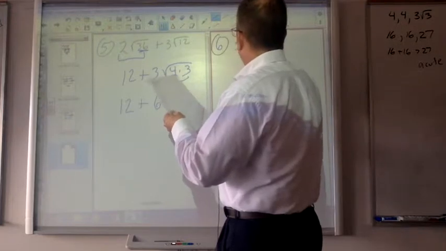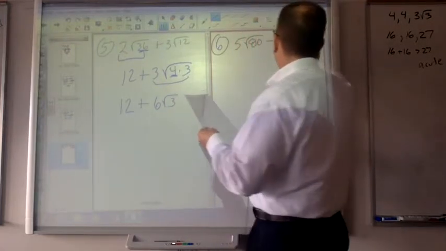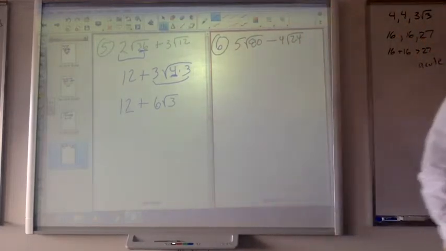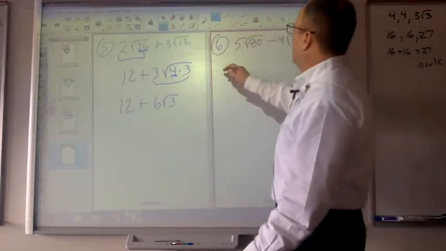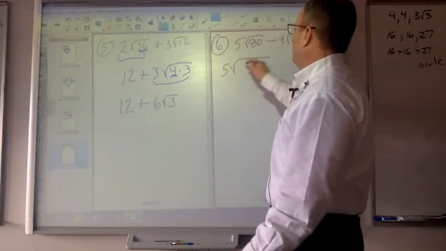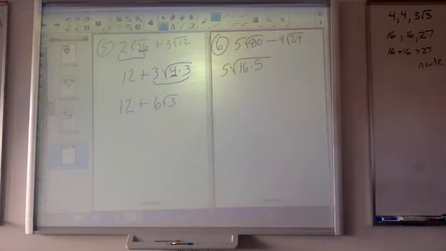5 square root of 80 minus 4 square root of 24. So everyone agrees I can't add or subtract these right now, correct? They're not like terms. So I have to think about what's the largest perfect square that goes into 80, and I would say that's the same thing as 16 times 5. Agreed?